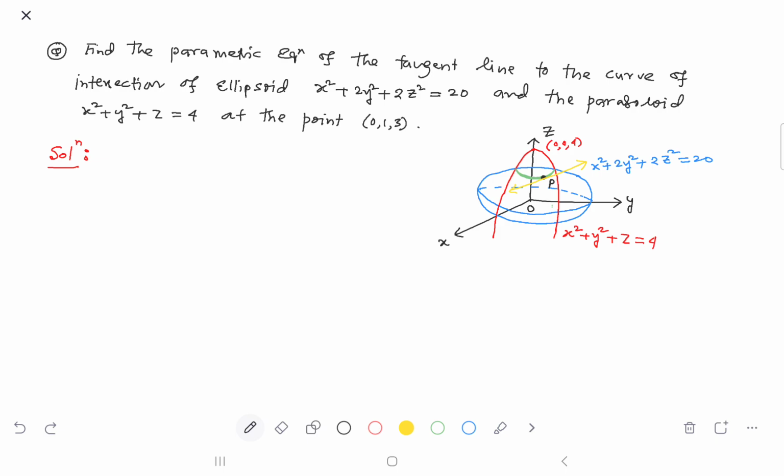Okay. Very good. Now look at this. At the point P, if you consider the tangent plane of the paraboloid, then the yellow line lies on the tangent plane, right? Yes, the tangent plane of the paraboloid at the point P contains the yellow line.